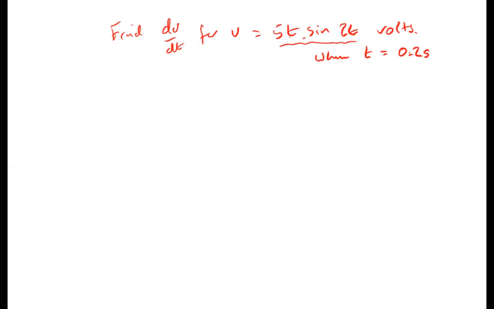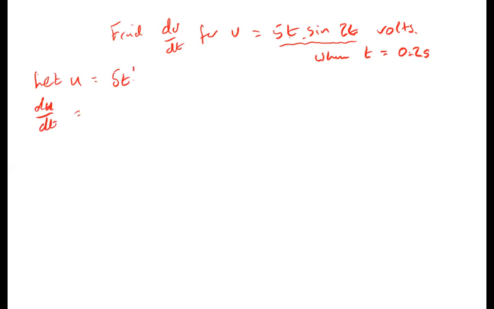So what do you think you'd let u equal? Let that equal 5t. And then we differentiate it. du by dt is equal to, well, the index here is 1.